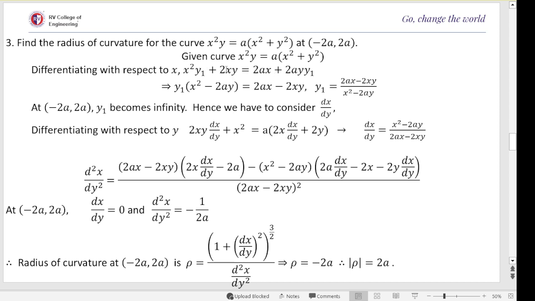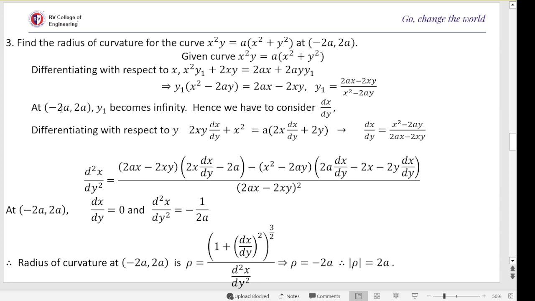So here what you will get: y1 into x square minus 2ay, sending 2ay this side, equal to 2ax, sending 2xy to the other side, minus 2xy. So y1 equal to 2ax minus 2xy divided by x square minus 2ay.